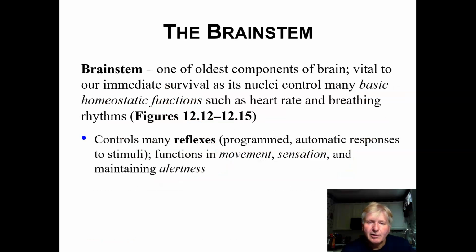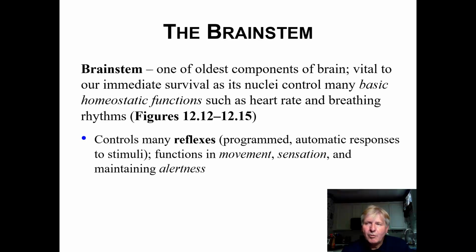Now, the last division of the brain. We've talked about the cerebrum, the diencephalon, and the cerebellum. Now we're going to talk about the brainstem. The brainstem is probably one of the oldest components of the brain, evolutionary speaking.